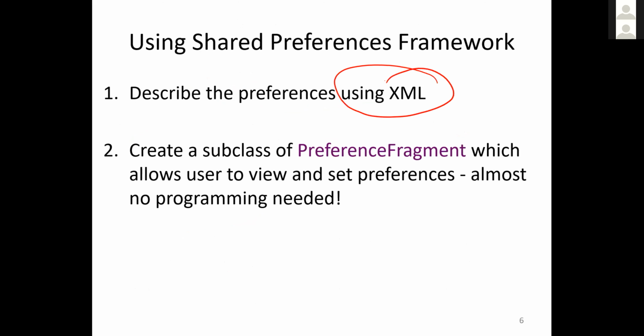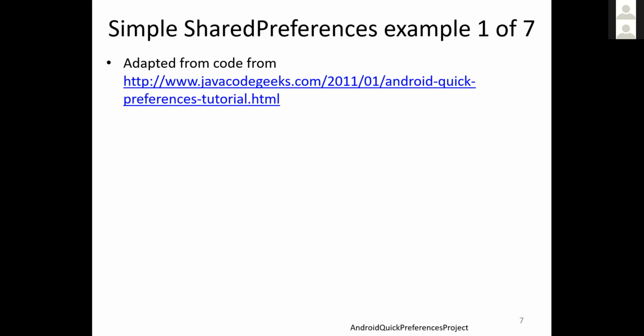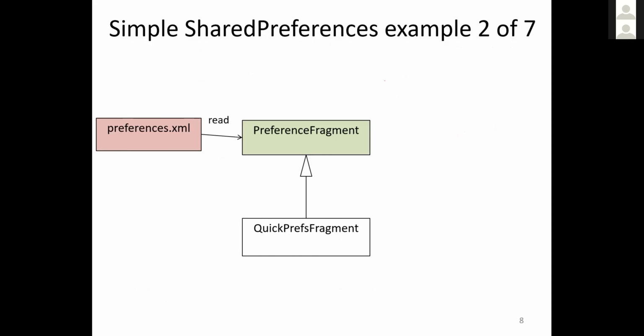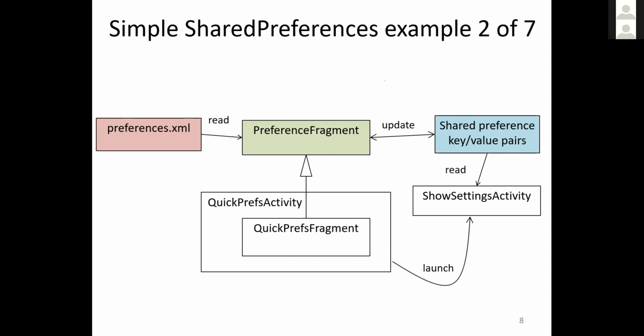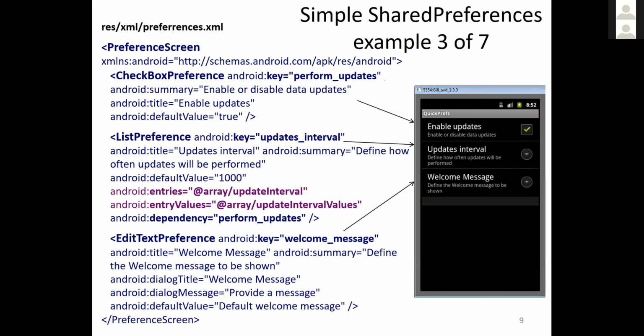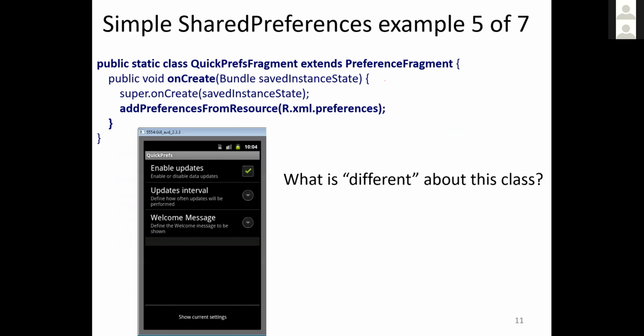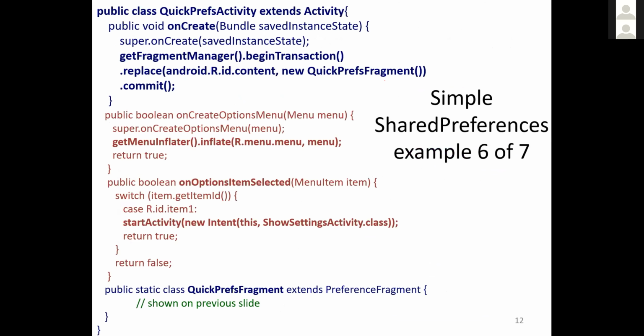So we had done the shared preference. We created an XML file. We used the shared preference editor. This is another example of the way you can implement it. And I felt the example we did in class was easier to understand, considering the way it was structured.